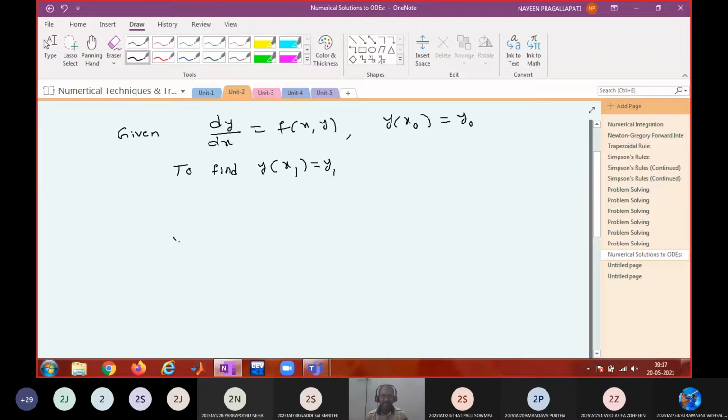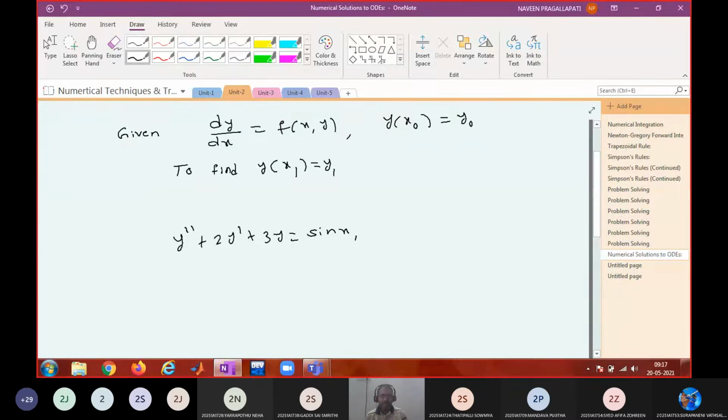For example, I give you a second order differential equation like this: y double dash plus 2y dash plus 3y equal to some sin x. This is a second order differential equation. How many arbitrary constants will you see after finding the general solution? 2, sir.